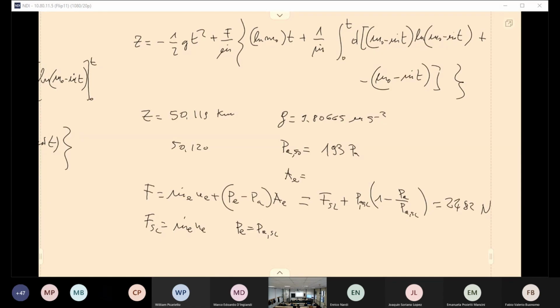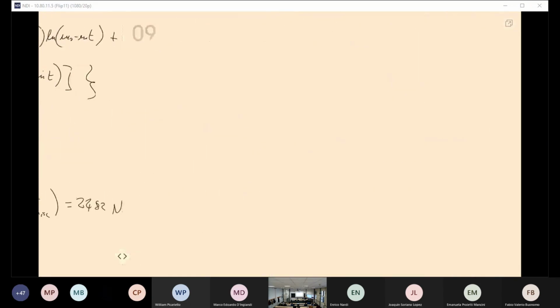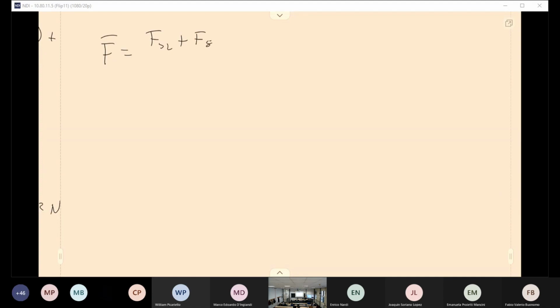Okay, so we can take an average value if we consider an average value. We have this, that also means if you average is the same because we have 1 kilogram per second.